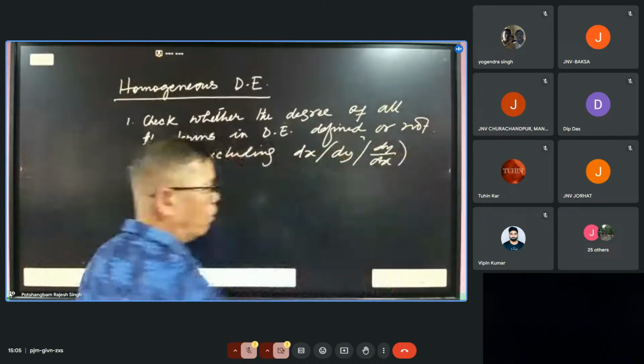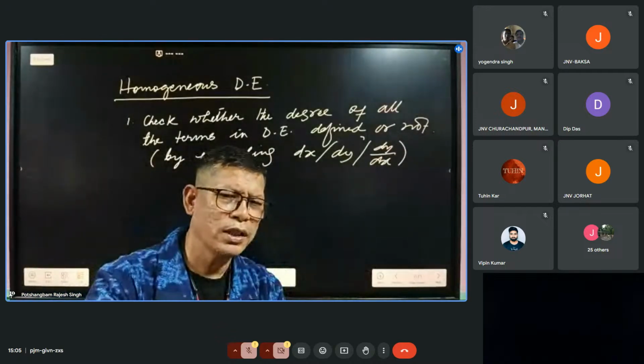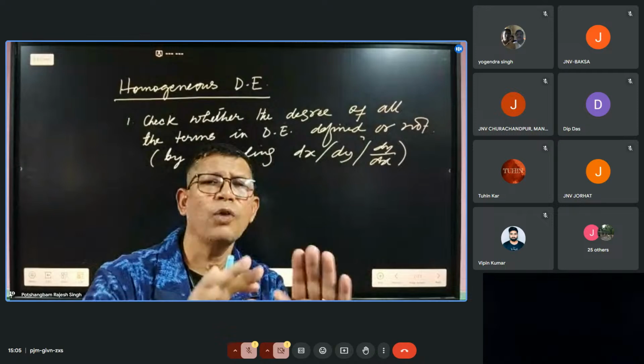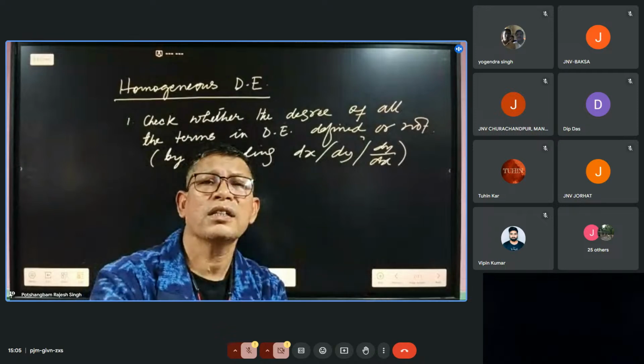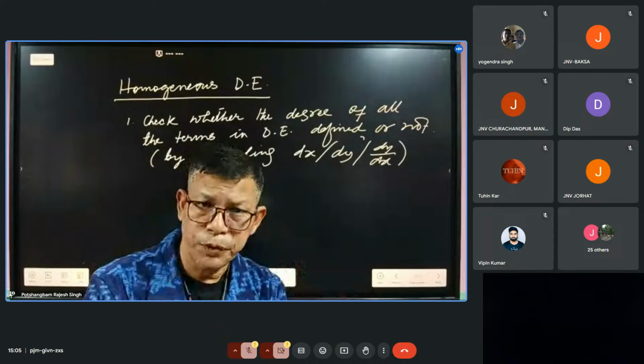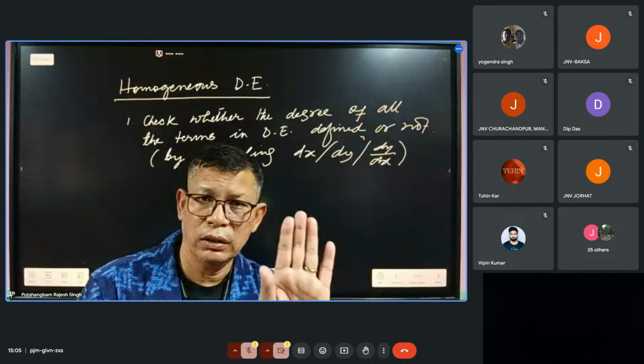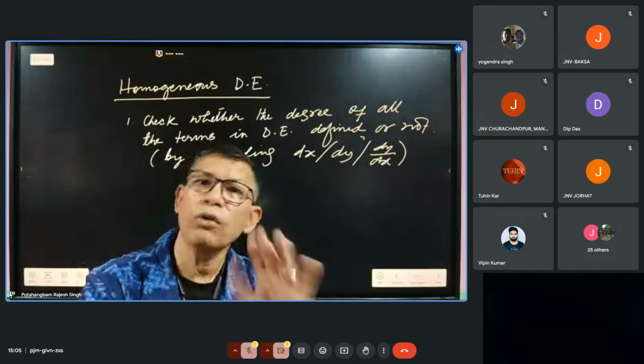A differential equation is given, and now you are checking whether it is homogeneous or not. In this regard, I first suggest excluding dx, dy, or maybe dy by dx.